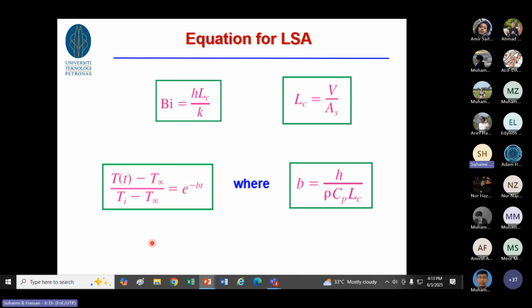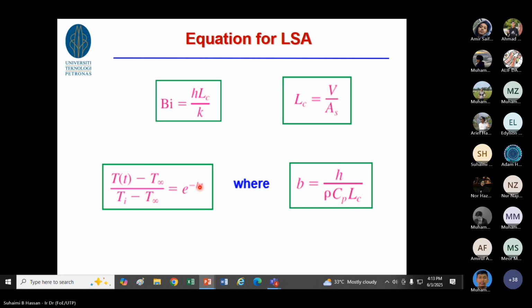Based on this equation, there are four parameters: the temperature at that particular time, the ambient temperature, the initial or starting temperature, and t is the time taken.